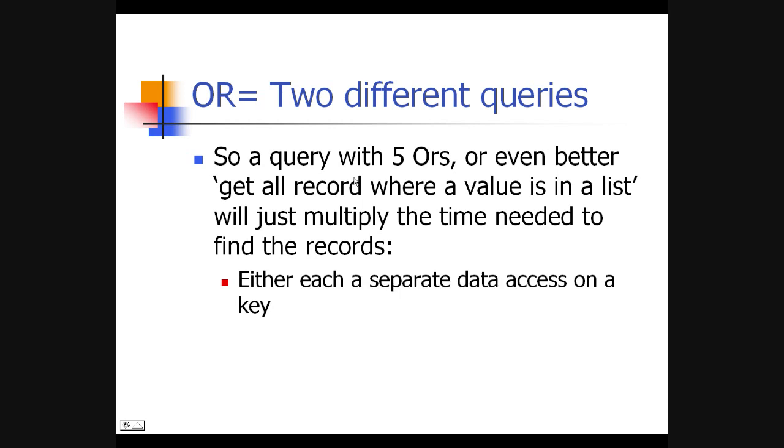Either each part of the query, each condition of the OR is going to be a separate data access on a key, or if it's a little more optimized, you will read all the record of the file and test. So OR is not your friend. Each time you're doing an OR, in fact, you are adding the result of 2 queries.